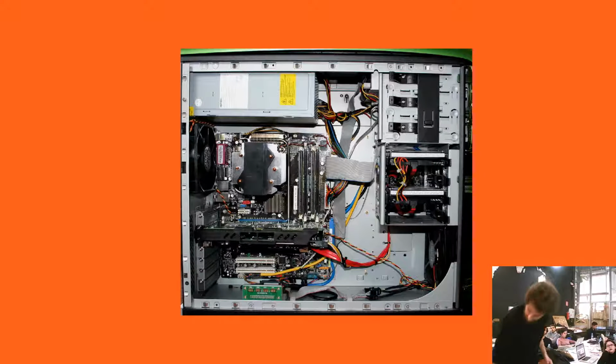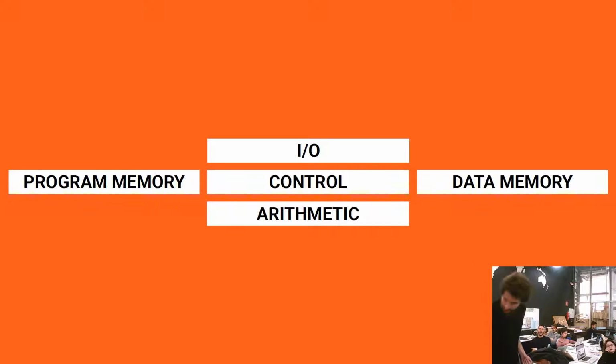And so there are these all-in-one computers that are low cost and mostly designed to interface with the real world, to read switches, to send signals to motors, and these are called microcontrollers.